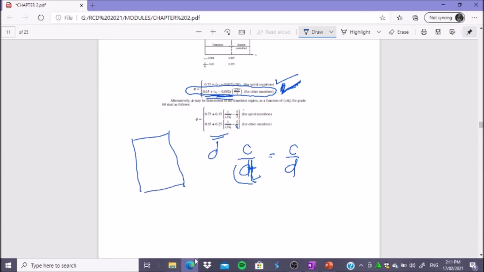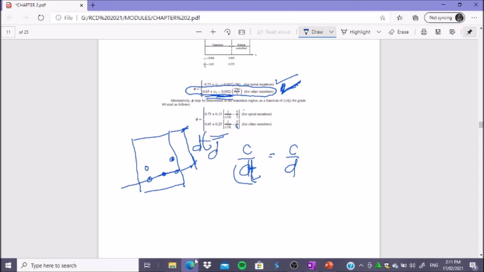Kasi alam natin sa dami ng reinforcement na gagamitin natin, pwedeng maging 2 layers yan. So pag naging 2 layers yan, ito yung pinaka-DT natin, itong pinaka-malayo. From the compression face to the tensile bar, ito yung DT.